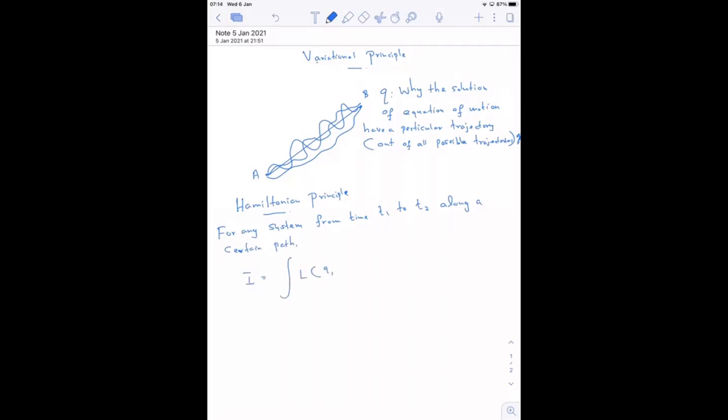This is the Lagrangian, by the way. So the Lagrangian is a function of q's, q dots, and time, times dt, has a stationary value.